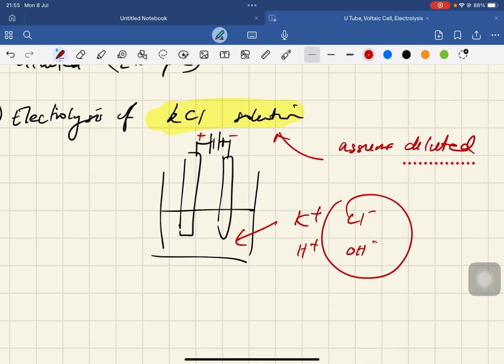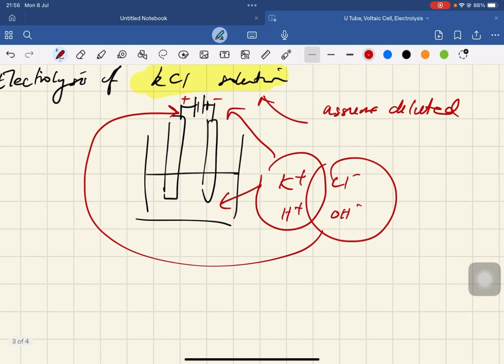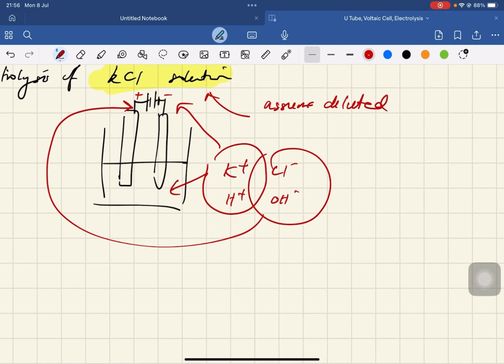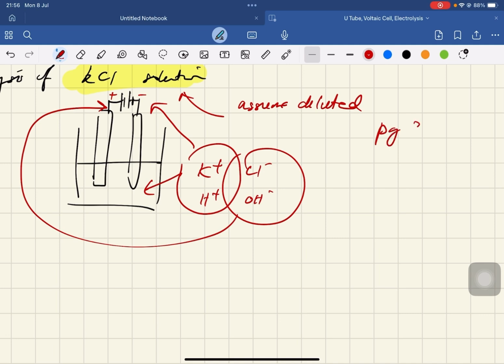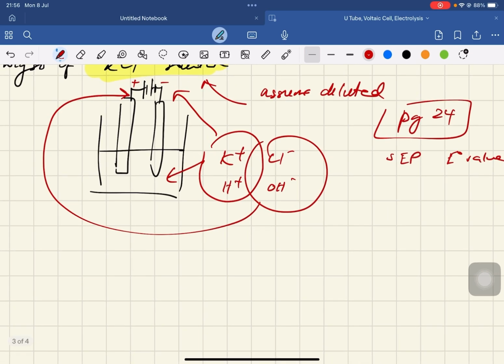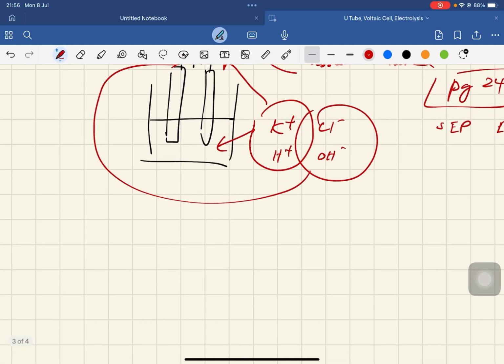You put here, attracted to the positive side. Remember, opposites attract. Now you refer to the table on page 24. You know the SEP table has the E naught values and so on.